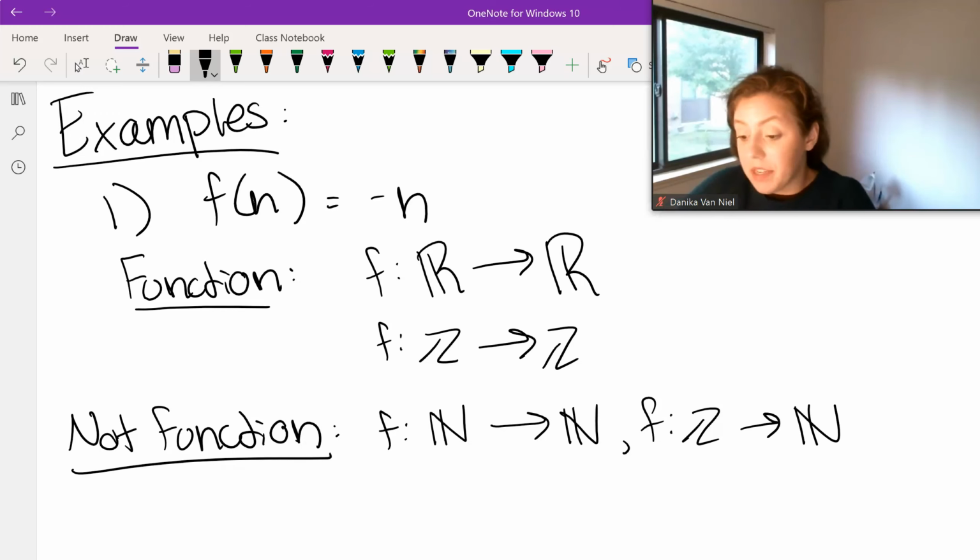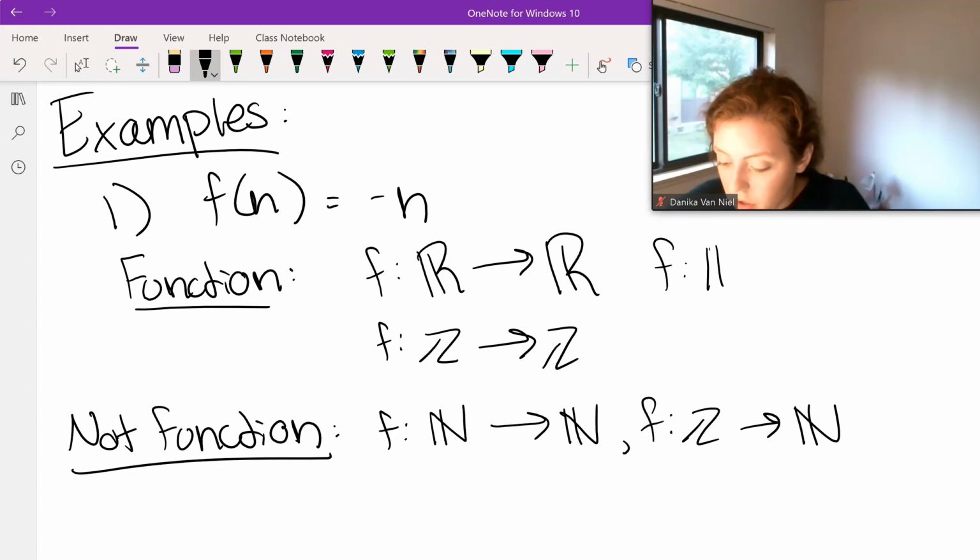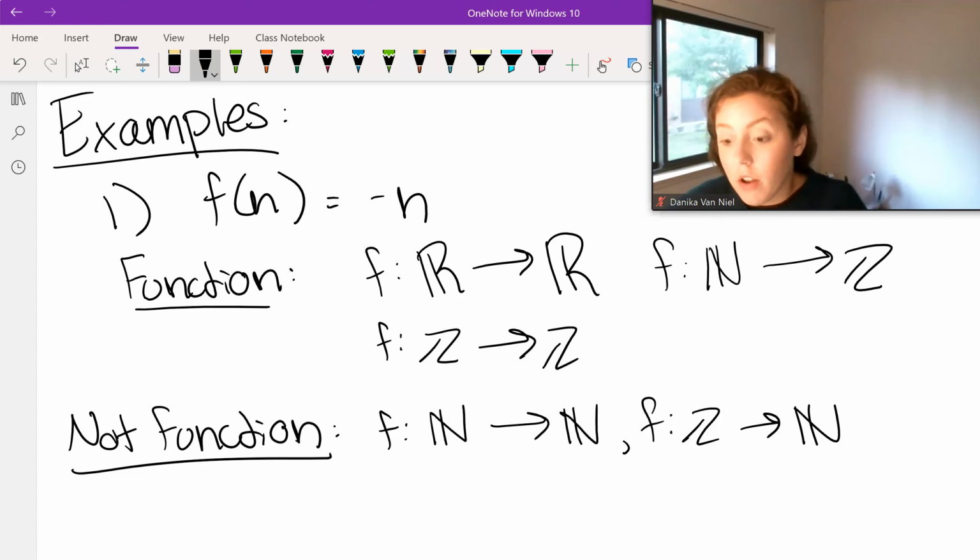Because what breaks here? Well, you send 1 to -1, but that's not in the naturals. See what gets my drift? Or here's 0. Where does 0 go to? It doesn't have anywhere to go. Okay? But something that could be true using the naturals is you could use the naturals in the domain and then integers in the codomain.